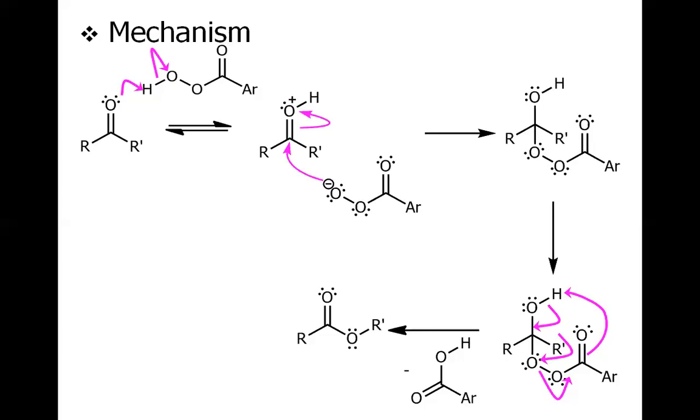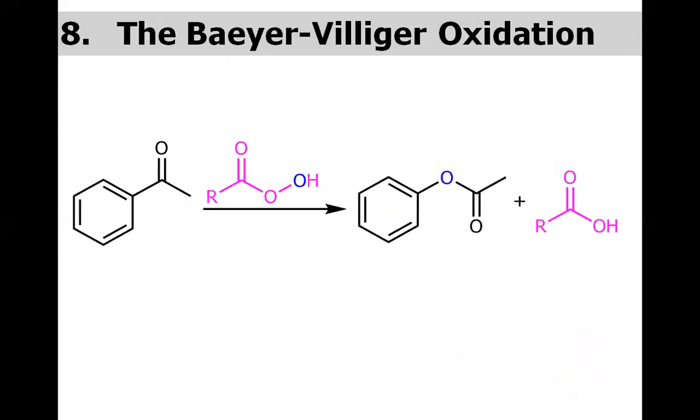So this is the reason, if you see this main reaction, that we showed the migration of phenyl and not migration of the methyl. So there is oxygen between this phenyl and carbonyl. If the methyl group migrated, we would have the oxygen between the carbonyl and the methyl. So remember to show the oxygen between carbonyl and that alkyl group that has migrated.